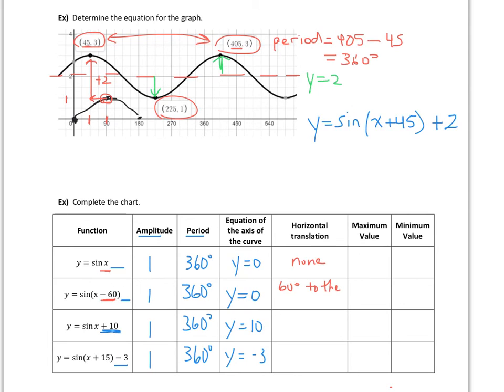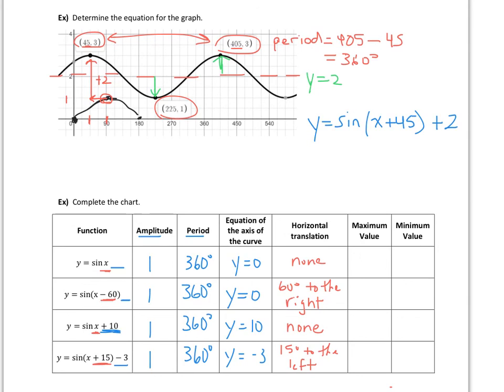So remember, think the opposite sign when it's attached to the x in the brackets. 60 degrees to the right. This has nothing added to x before we closed off the sine, so that has no horizontal translation. This has a plus 15 in the brackets with the x. That's going to be 15 degrees to the left. So again, think opposite to the sign that you see.